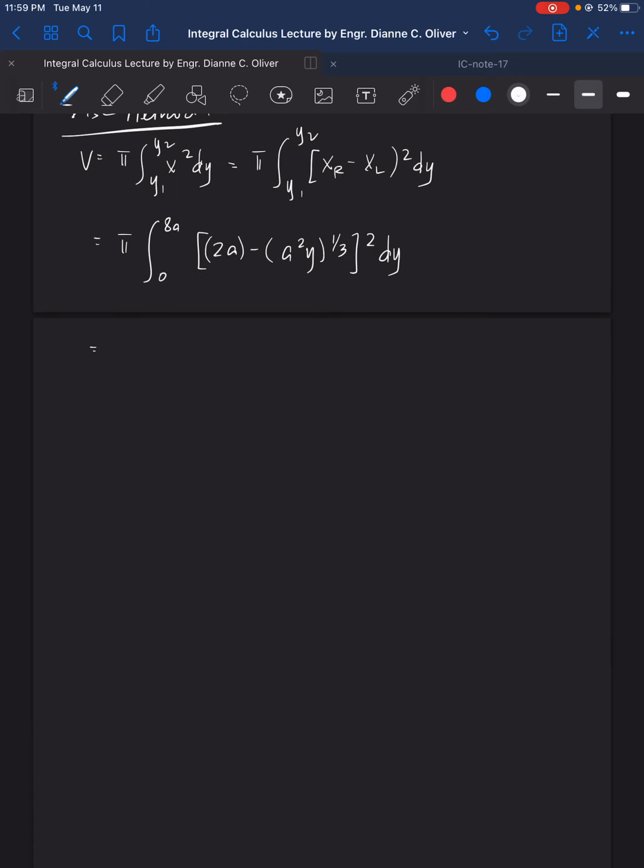Okay. This is pi integral of, so this is 2a minus, this becomes a raised to 2/3 y raised to 1/3, squared dy, 0 to 8a.